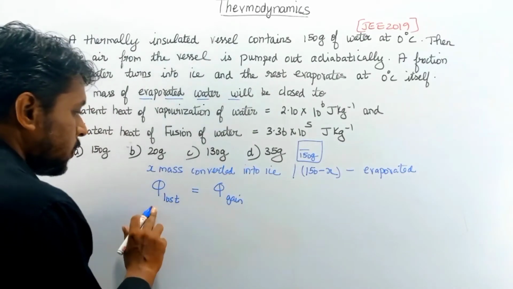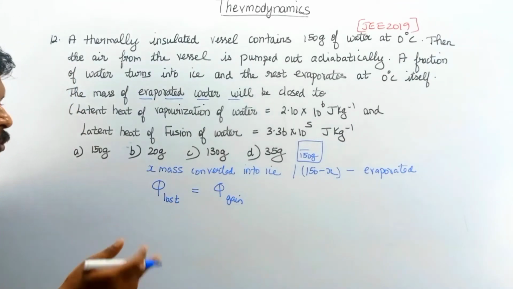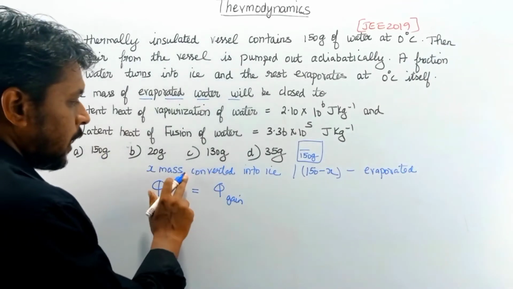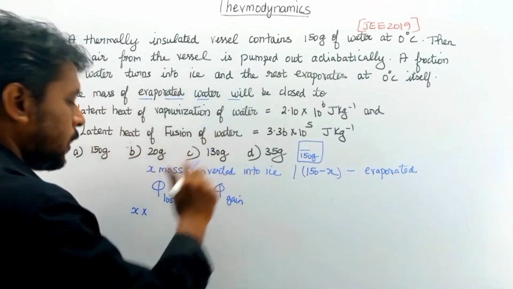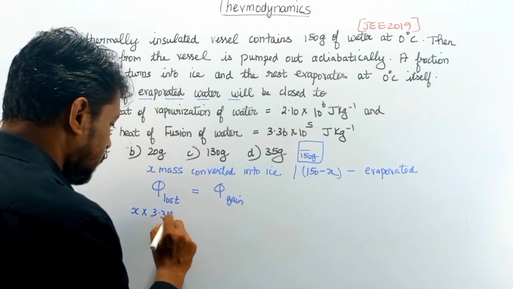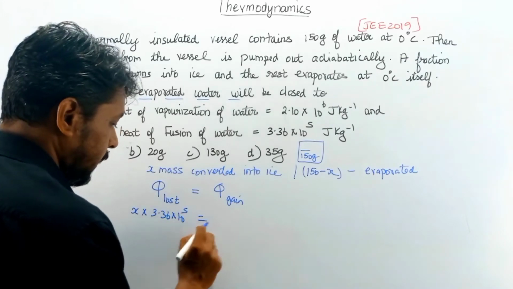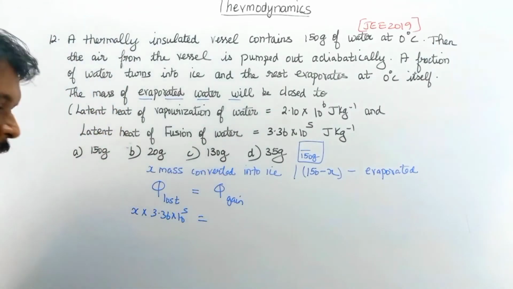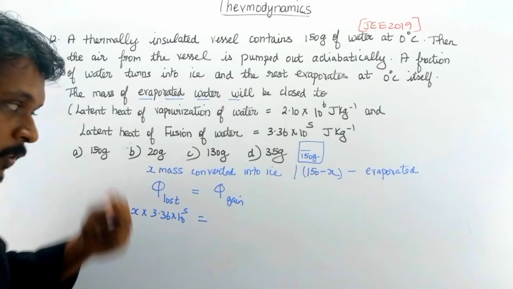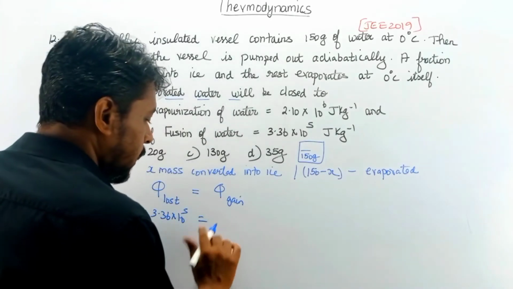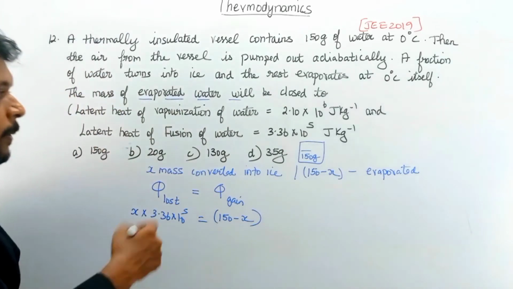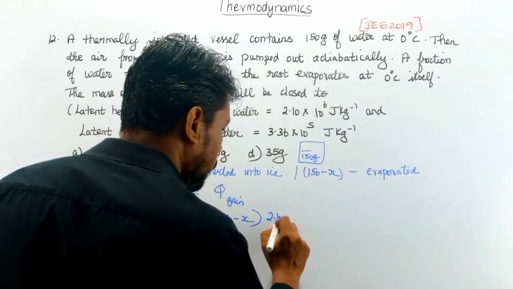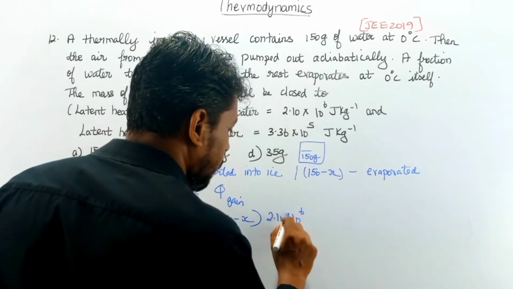It is mass into latent heat of fusion. The mass here for converting into ice is X. So X into latent heat of fusion of water, 3.36 into 10 power 5. This is the heat lost to convert it into ice. Heat gained is 150 minus X into latent heat of vaporization of water, which is 2.10 into 10 power 6.